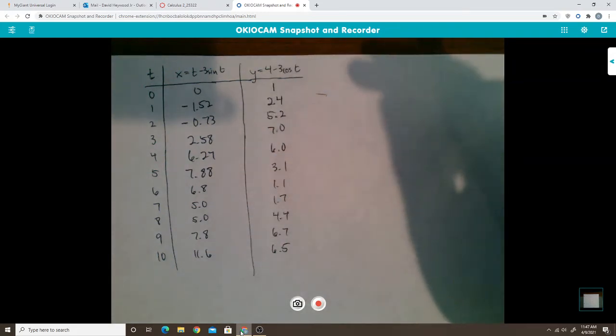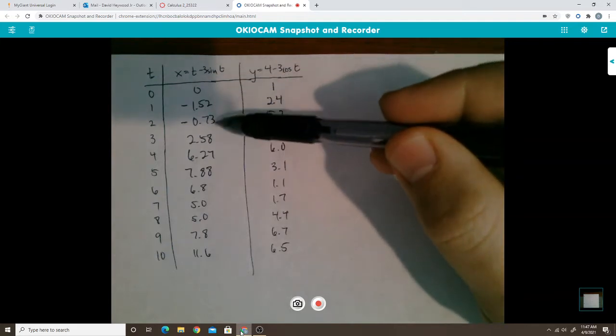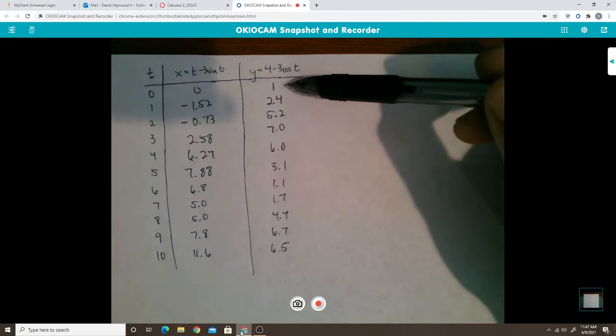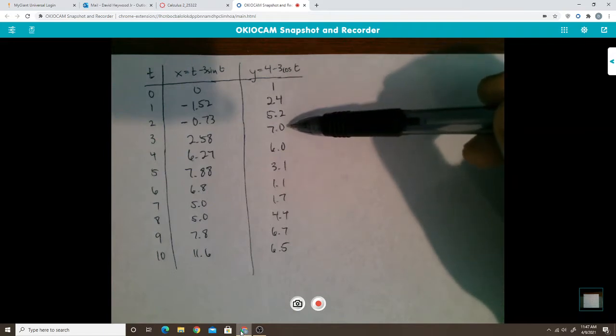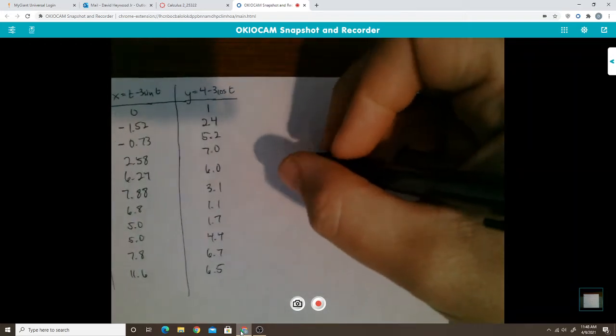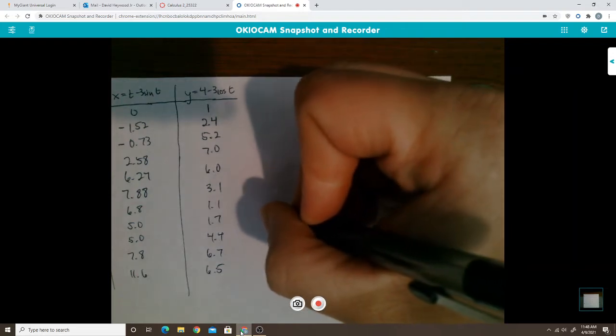Y is obviously a different function, but you plug that into your calculator, and then you can plot these points, right? So let's see. For x, I need to go out to, looks like about 7.9. So we'll go up to 8. And then for y, it looks like I need to go up to about 7. Okay, so I'm just going to give myself a little axis system then.